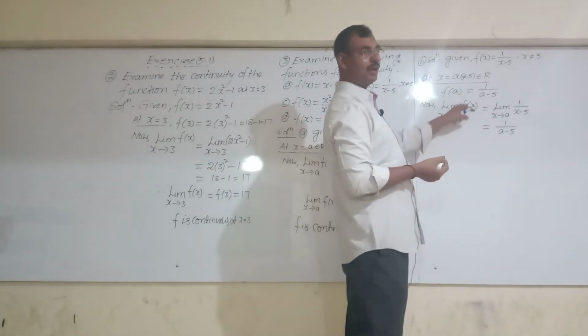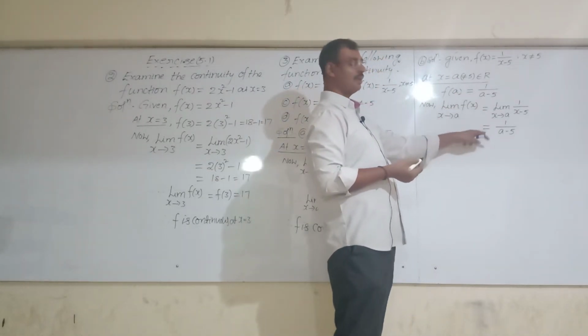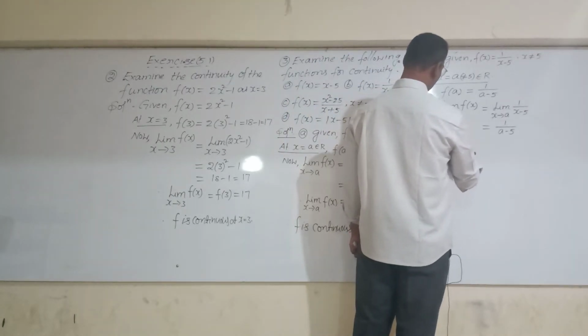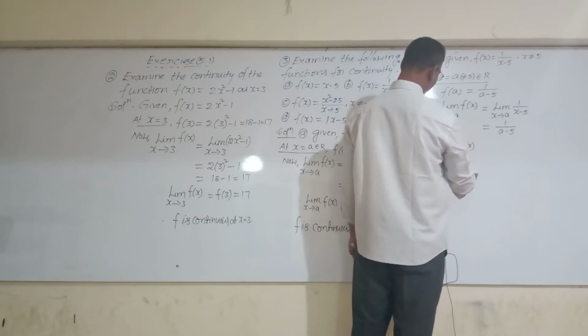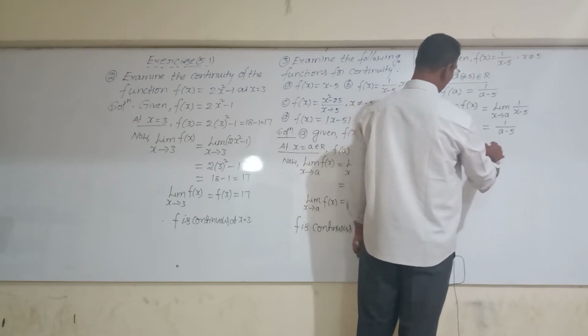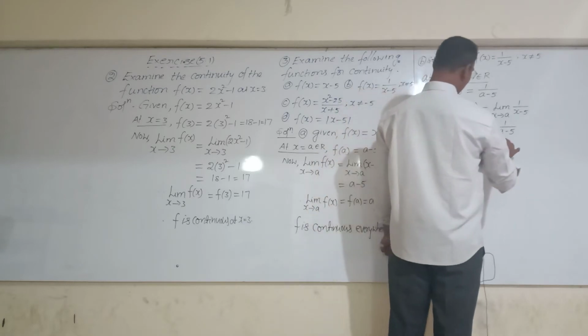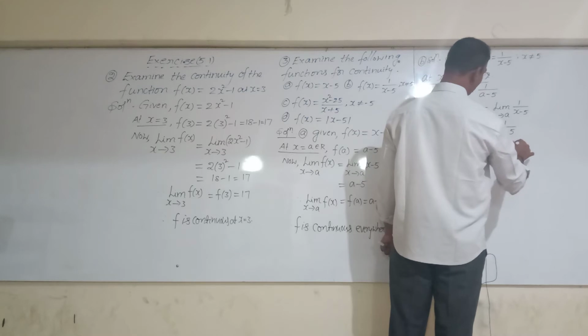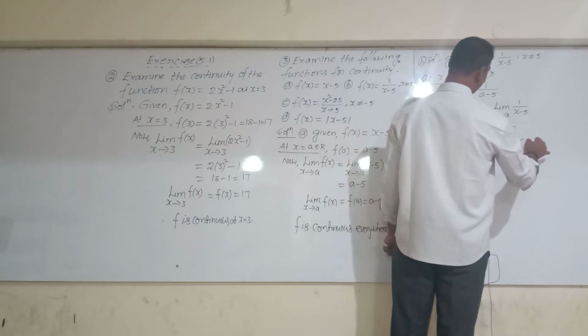Aren't they equal? Yes. Therefore, the limit of f of x as x approaches a is equal to 1 upon a minus 5, which is equal to f of a.